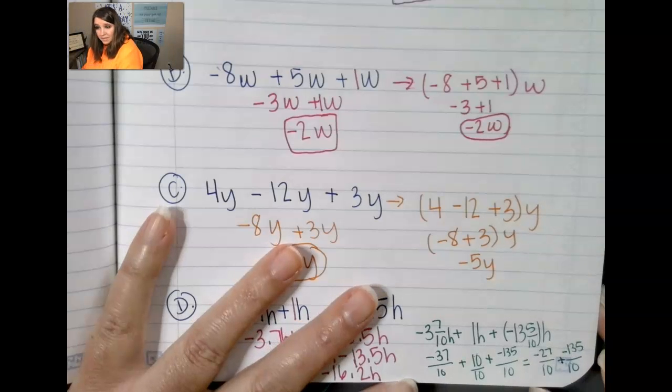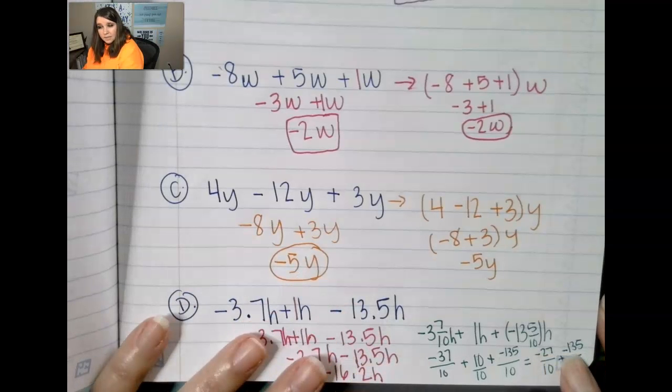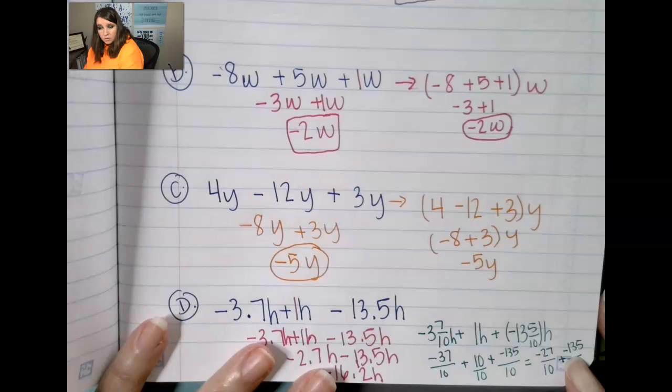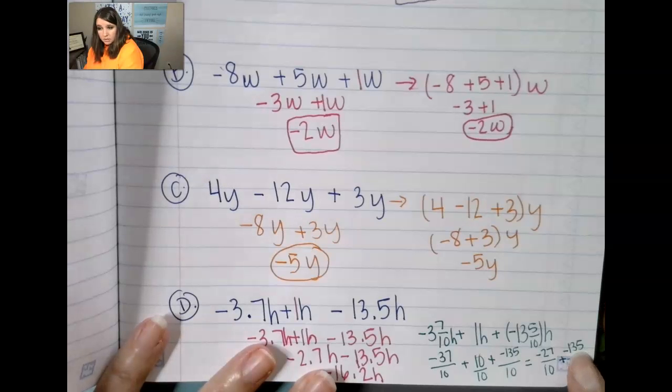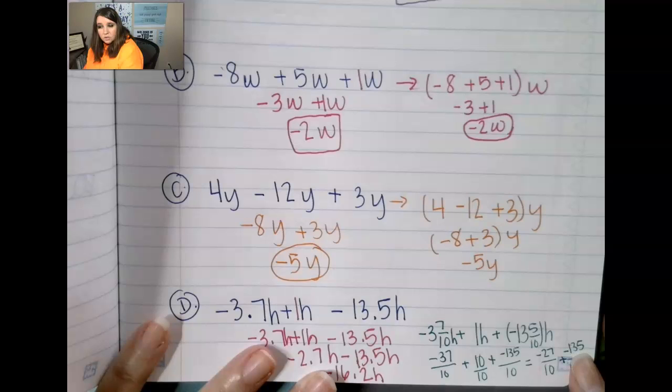I'm running out of space. I wish I would have given myself more space here. So negative 27 minus 135 more, because they're both negatives. So I have reds, and I add more reds to the list. So 7 and 5 is 12.